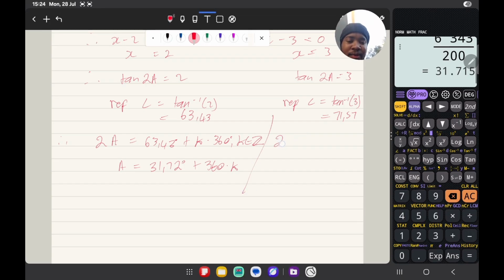Then this side we're gonna have 2a equals 71.57.